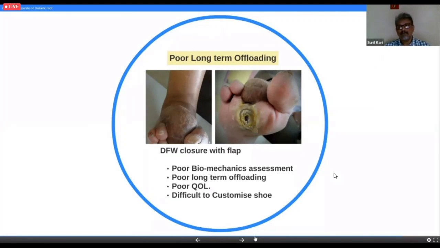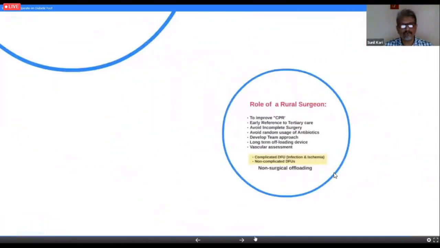So these are the basic difficulties we face if we don't plan biomechanical salvage of a limb, or how best it is going to be biomechanically normal. And we need to plan long-term offloading devices for all such procedures when we plan a surgical offload.